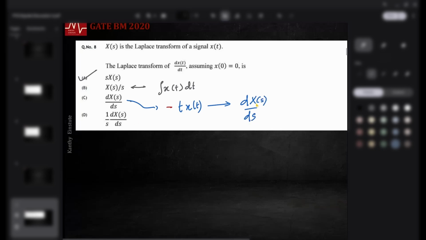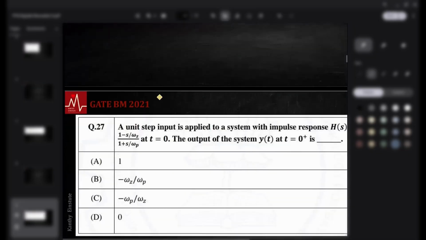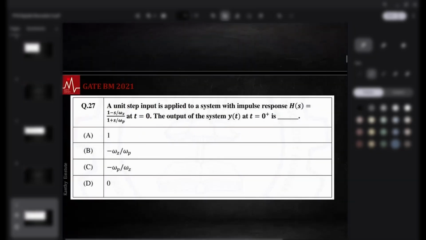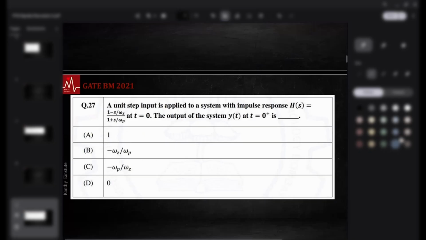This is something weird, but there goes your answer. This becomes 1 by s plus 0, 1 by s.